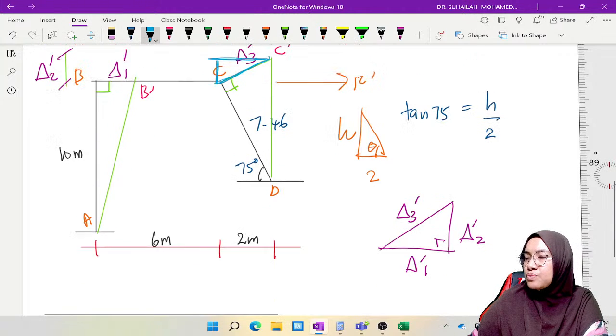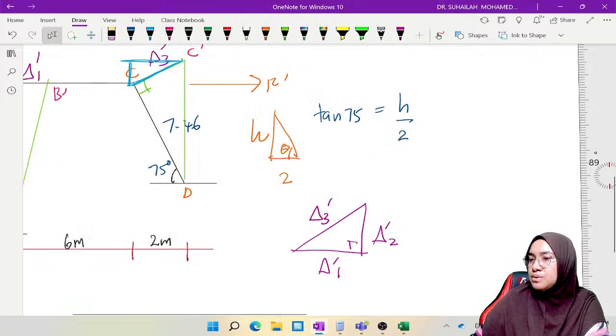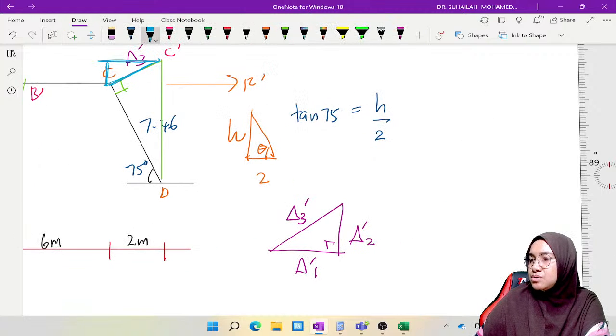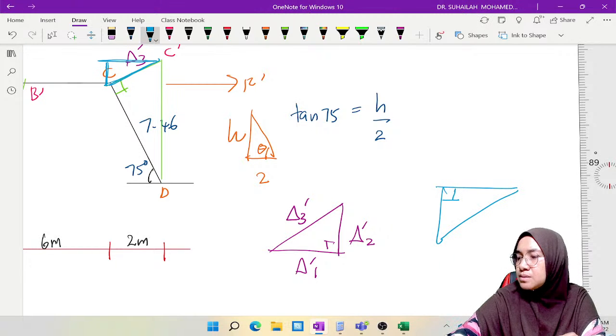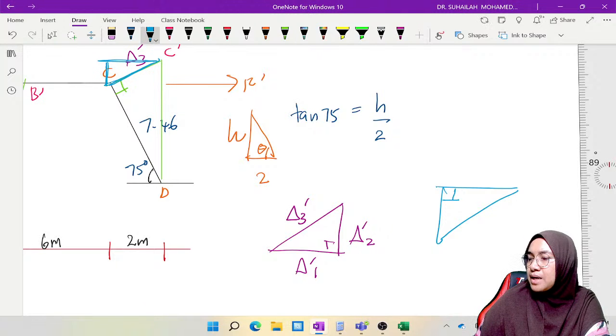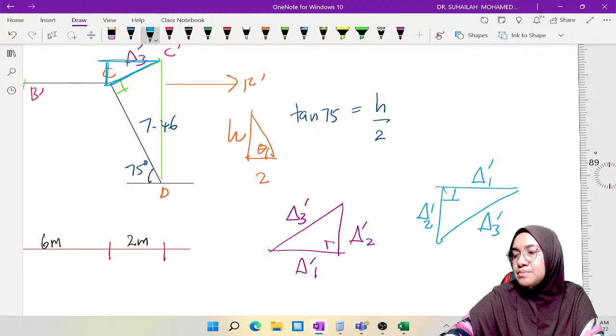So we need to flip it, so we should have this. It is actually the same, delta 2 prime, delta 3 prime, delta 1 prime.